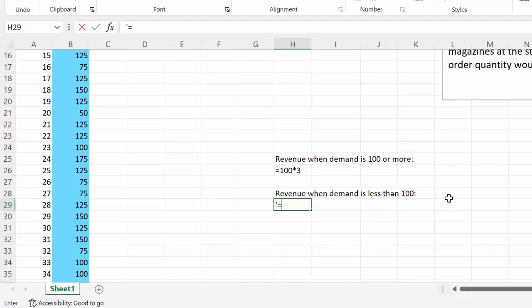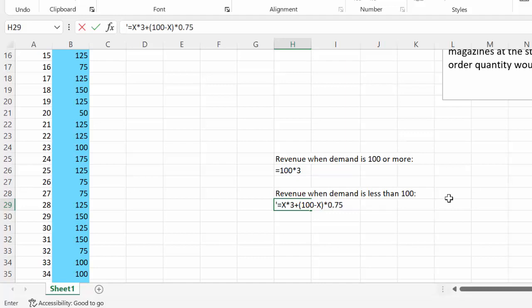So it's going to be equal to X multiplied by $3, plus the money coming back by reimbursement. The reimbursement would be the 100 issues that she bought minus whatever X is, so X could be 75 or 50, multiplied by what she gets back, which is 75 cents.